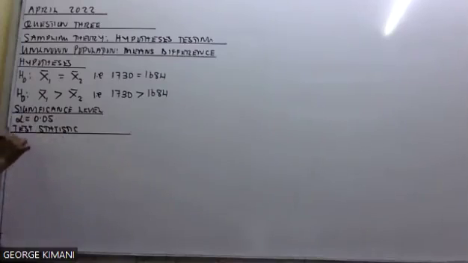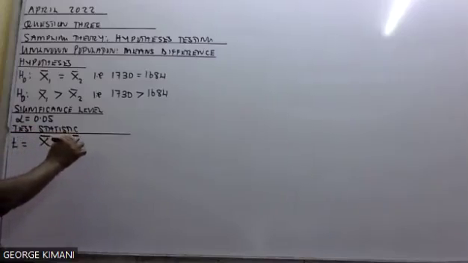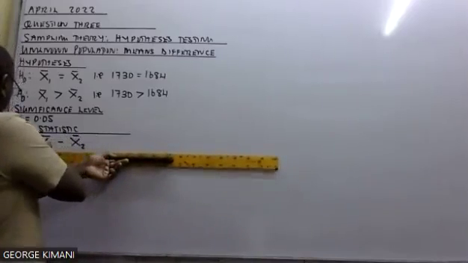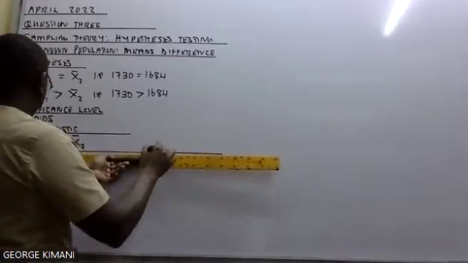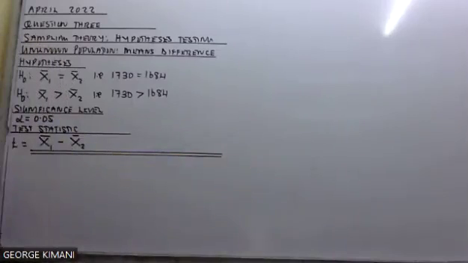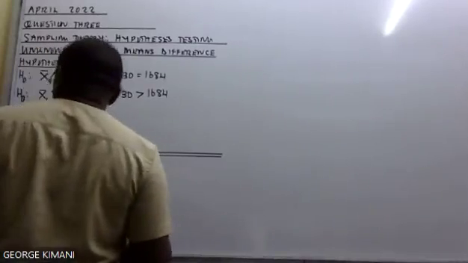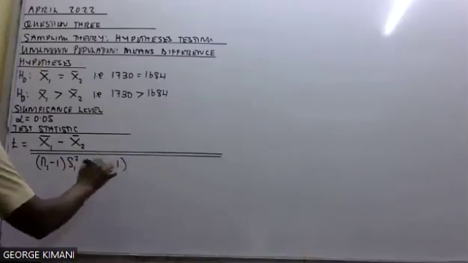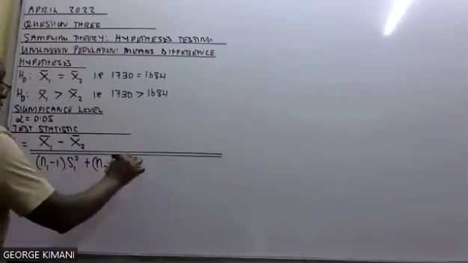And here we say we use T, which is given as x bar 1 minus x bar 2, and this one is to be divided by the square root of n1 minus 1 s1 squared plus n2 minus 1 s2 squared.